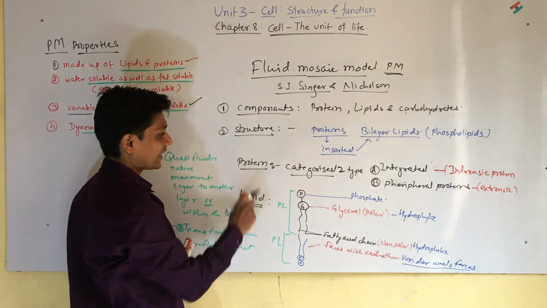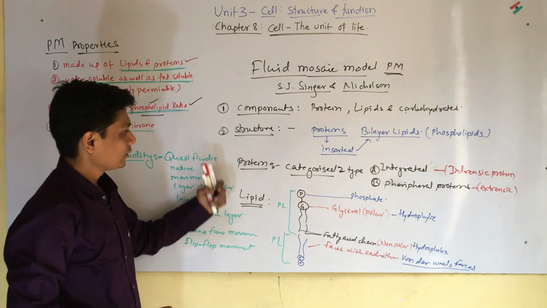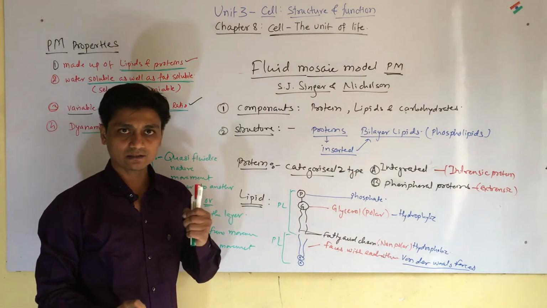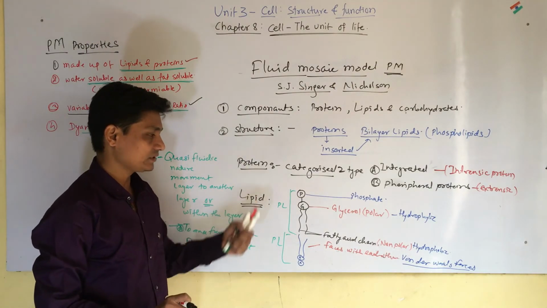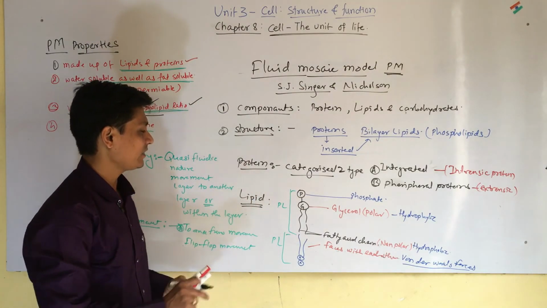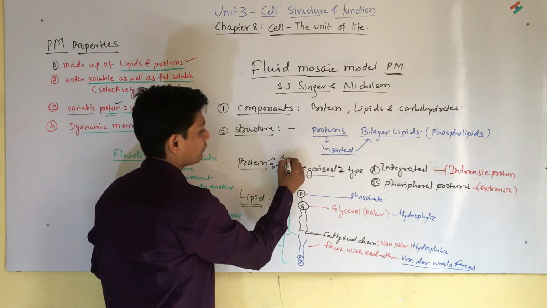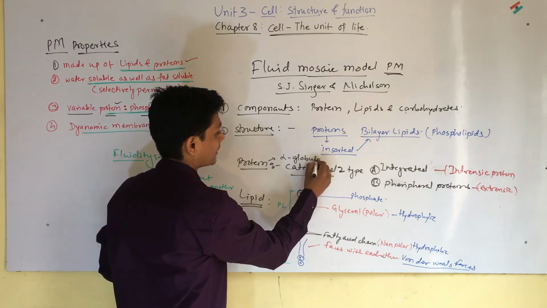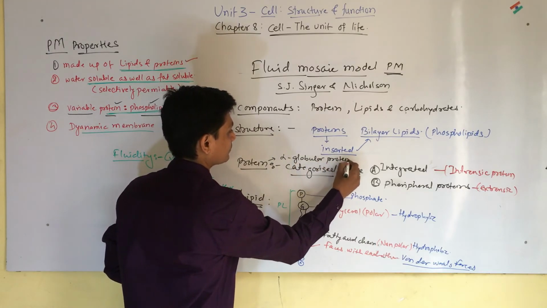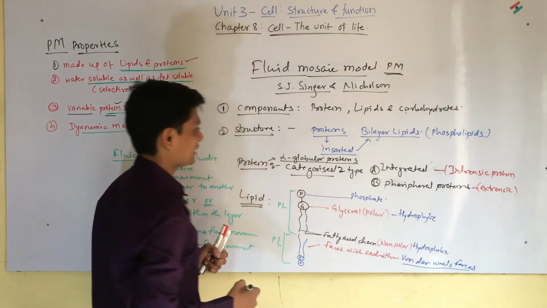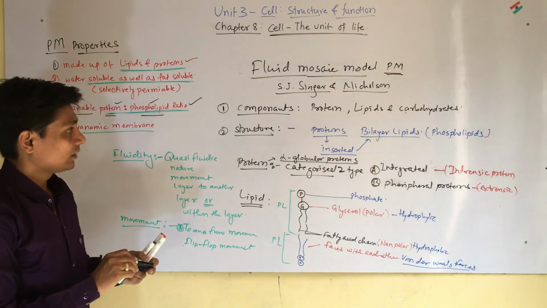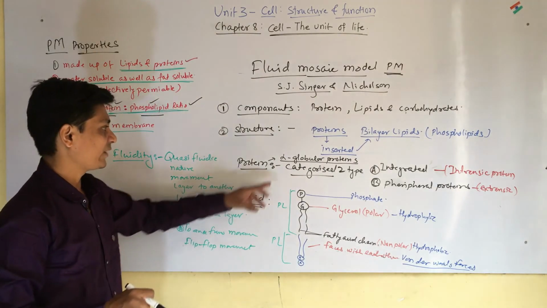The second point which remains to explain is protein. According to Singer and Nicholson, as this point is totally based on earlier scientists' results, they took these proteins to be alpha globular proteins, which was explained in the sandwich model.